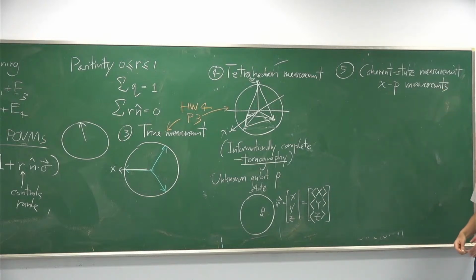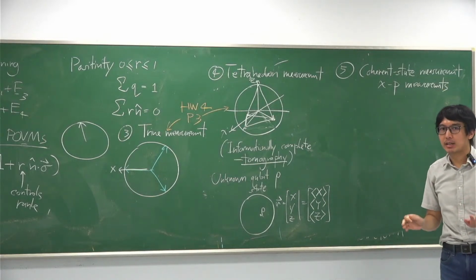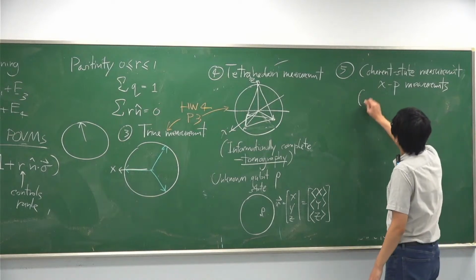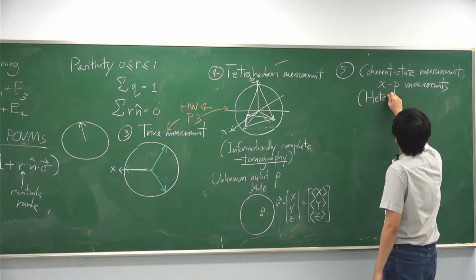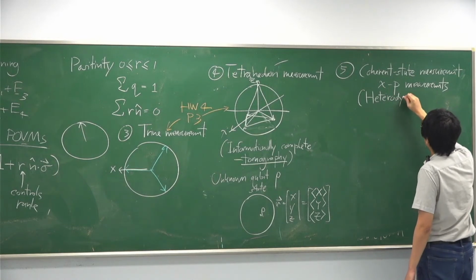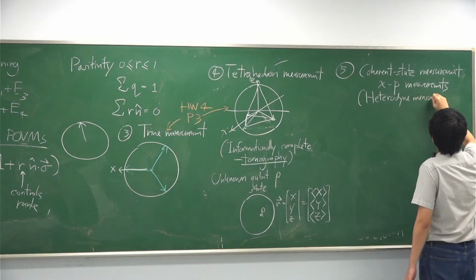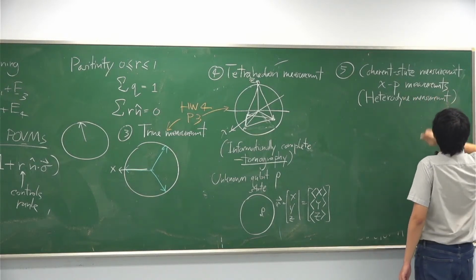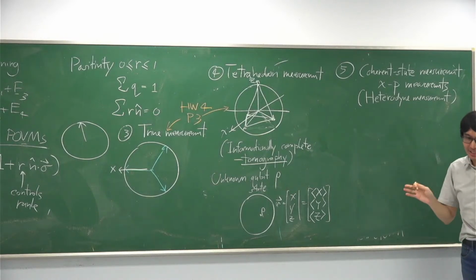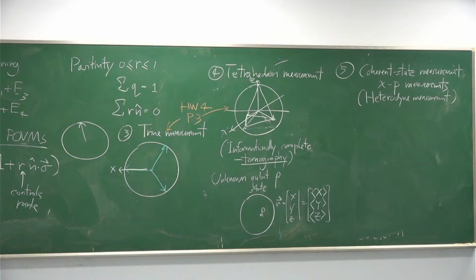So measuring position and momentum at the same time. In the quantum optics lingo, it's called heterodyne measurement. Although I would not be able to tell you how to actually make this measurement in the lab, you can read it up in a quantum physics textbook, like Walls.